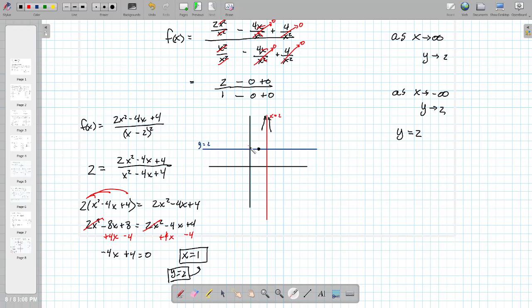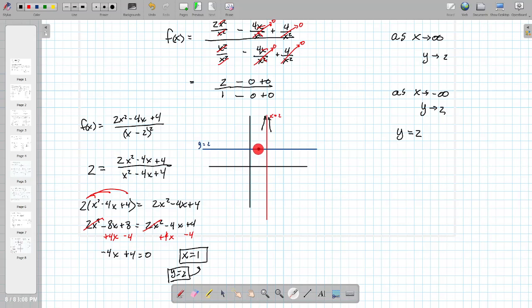How do I know that it's the only place where I cross this line? What I did was I set my y equal to 2 in search of any x value that will yield y equals 2. And it so happens that the only x value that yields y equals 2 is x equals 1, because that's our only solution to this equation.